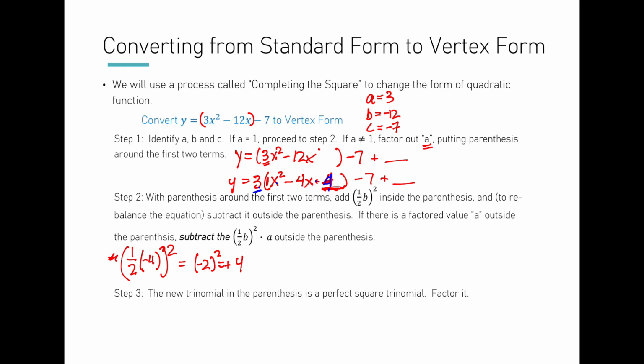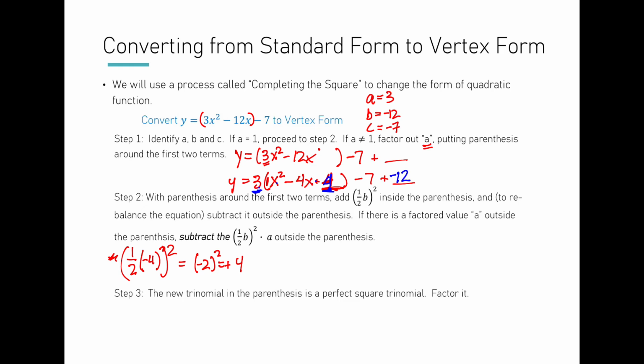So by adding 4 in this spot, I've actually added 4 times 3 to my equation, right? By putting it in there, this 4 is going to get multiplied by the 3. And so in reality, what I've added is 12, which is what I need to balance out here. So I add negative 12. This is negative, that's positive 4, this is positive 3. So I added 12, I want to subtract that out there.